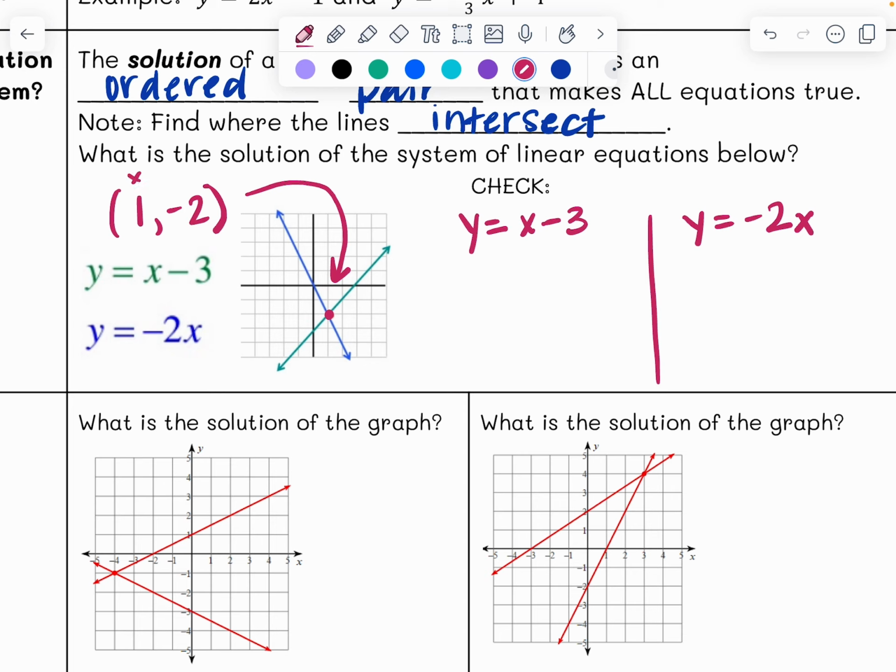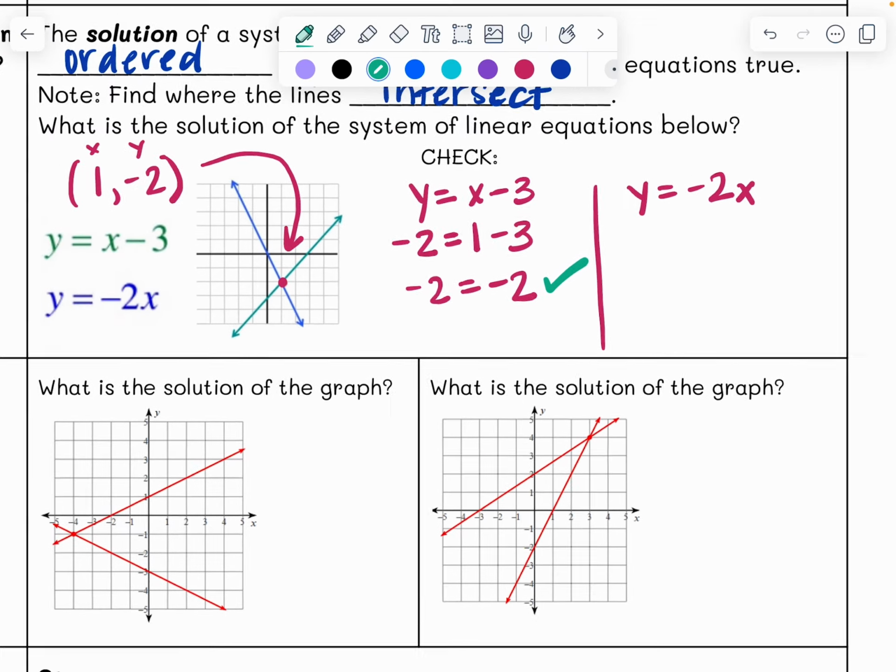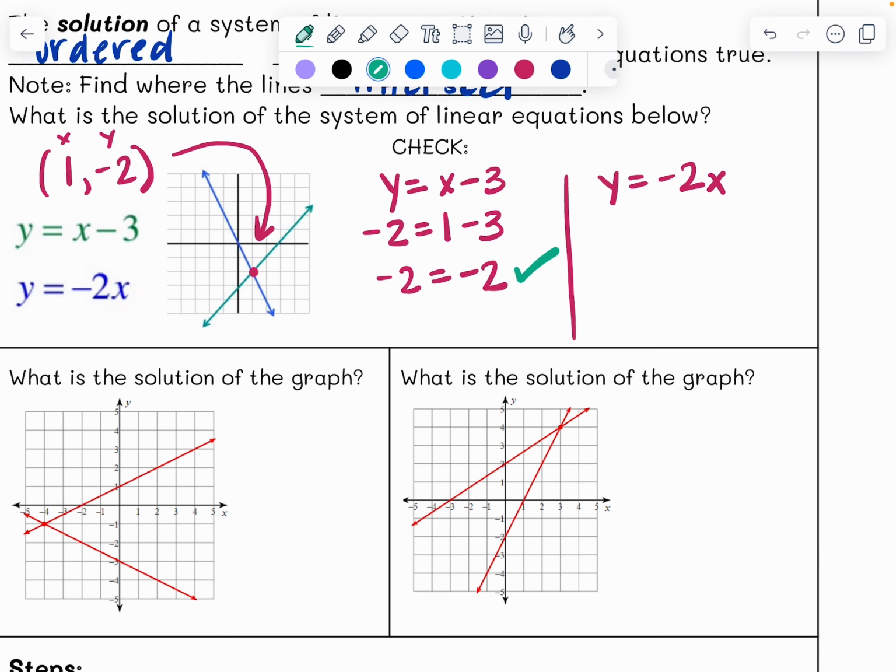So again, over here is my ordered pair. X is 1, y is negative 2. So if I write negative 2 equals 1 minus 3 and solve that, 1 minus 3 is negative 2. So that means that this does work for that equation. So far my solution is correct.